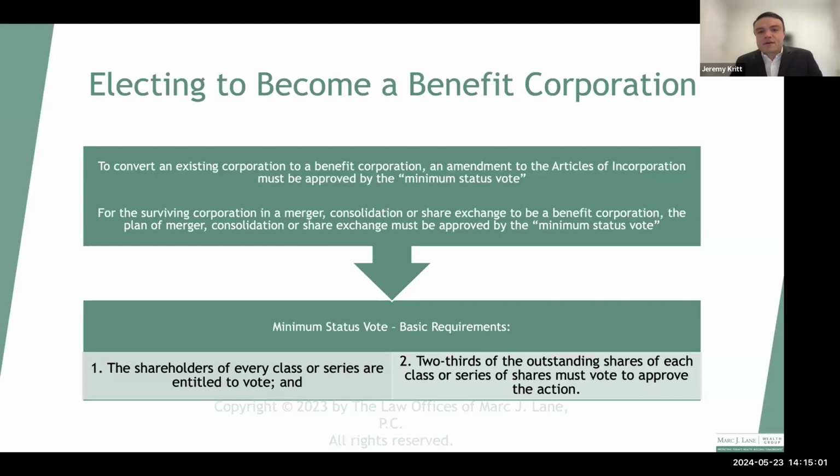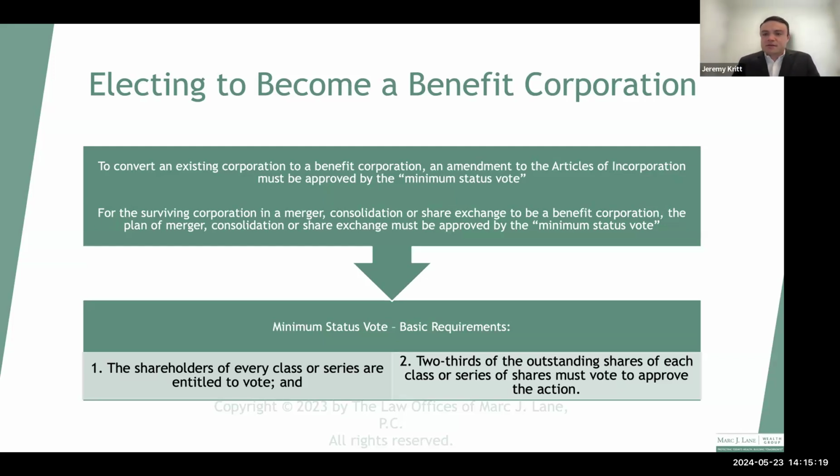Under the Benefit Corporation Act, that amendment, or if it's a merger or reorganization and the surviving corporation is to be a benefit corporation, must be approved by what's called the minimum status vote.